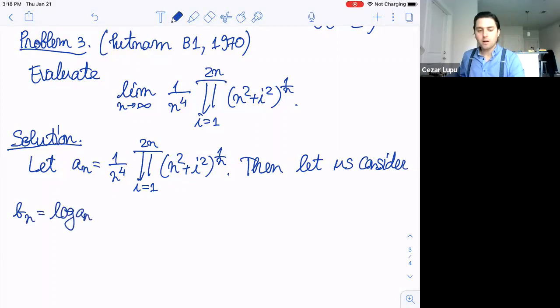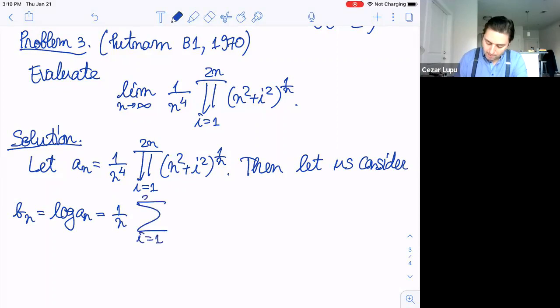So we're going to take the log of this, which is 1 over n times the sum from i equals 1 to 2n, and now we're going to take the log. This would be log of 1 plus i squared over n squared.